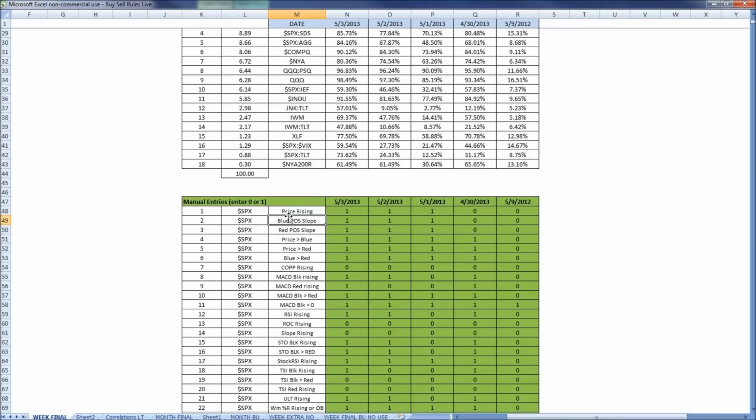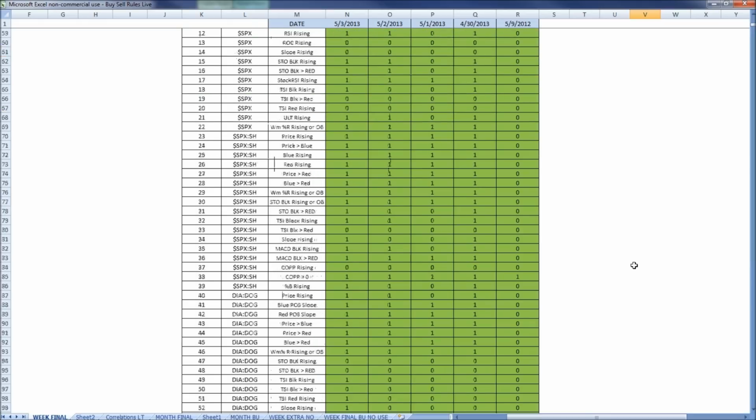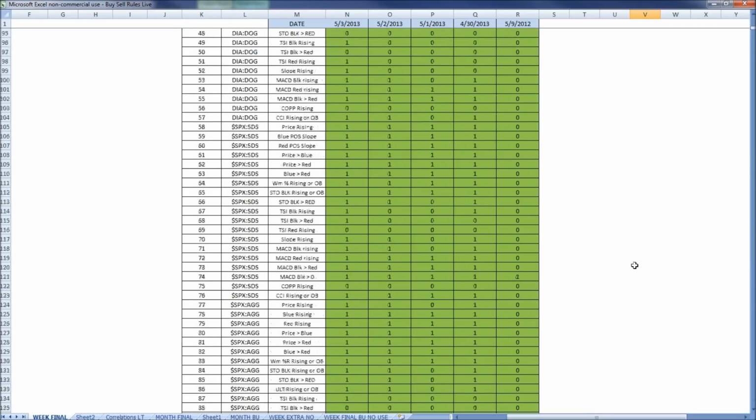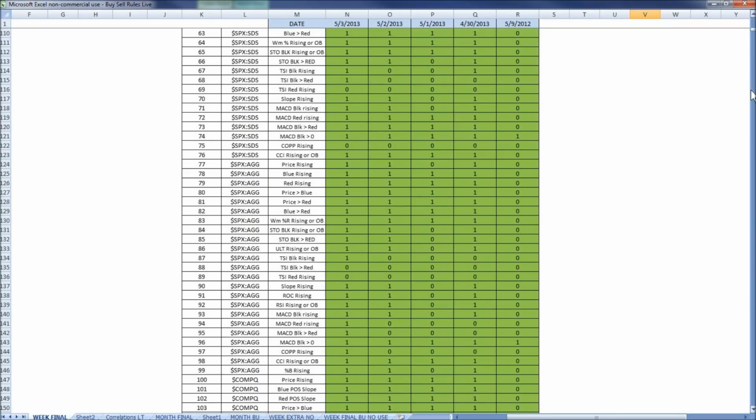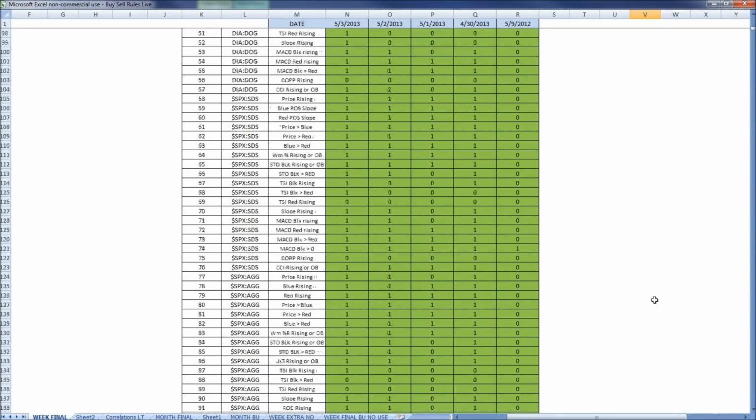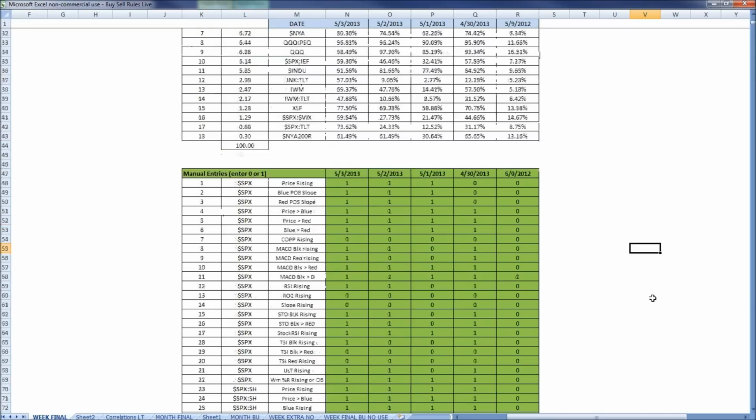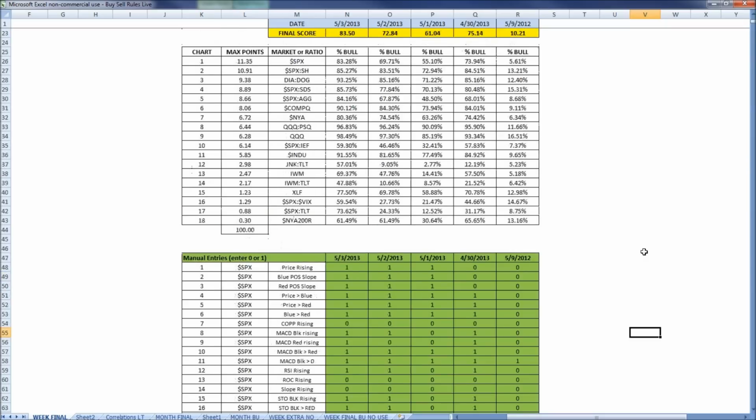So this price rising is much more important than rate of change rising, and you can reflect that in your models. And you can see we've built really a whole new model over the last 2 or 3 weeks. This goes way, way down, does a lot of programming based on this, and you're asking questions about several indicators and just getting an idea of how bullish is this market, how bearish is this market, and it's heavily weighted on trend following and price.